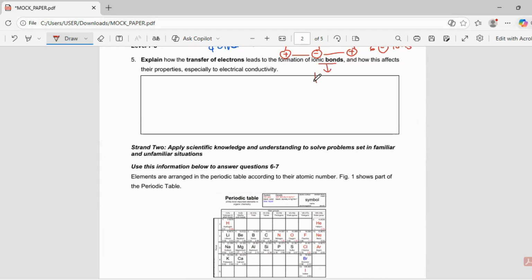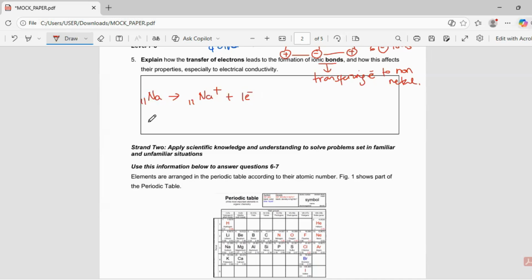The next thing is ionic bonding. Remember, ionic bonding happens when metal transfers electron to non-metal. And this is actually the reason why they can conduct electricity. For example, Na, you can see here Na is 11. When Na loses electron, it will become Na plus and also one electron here. Remember, if the electron is on the right side, it means electron is lost.